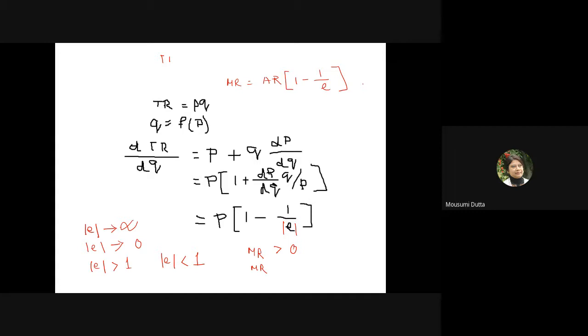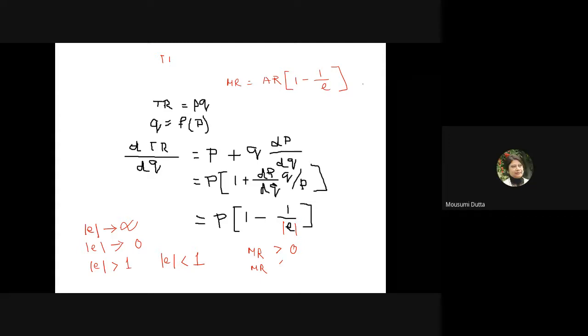dTR by dQ, that is positive. If output sold increases, in that case, total revenue will also increase. The sign will be positive. Alternatively, if E is less than 1, suppose it is 1 by 5, then in that case, MR is negative.